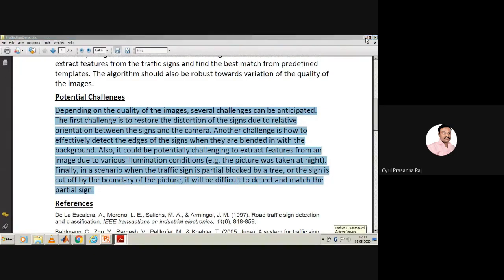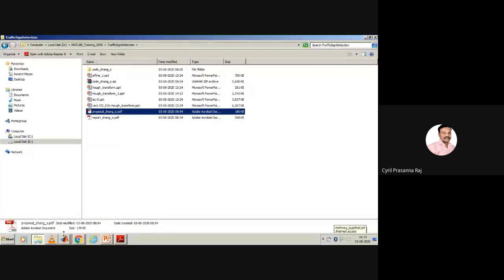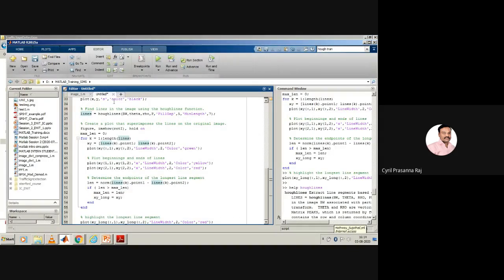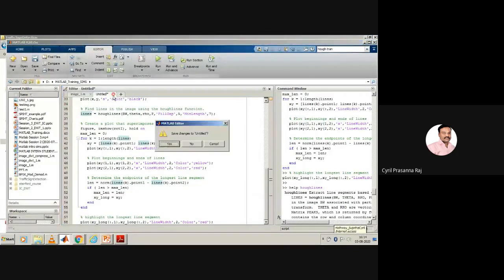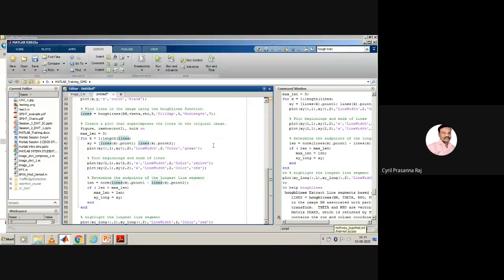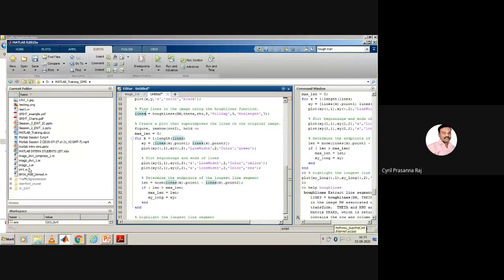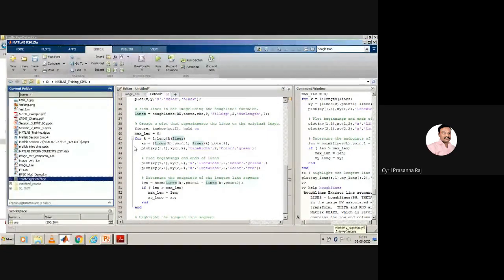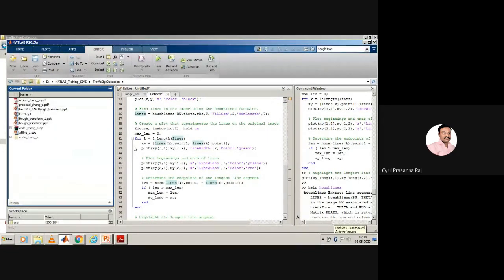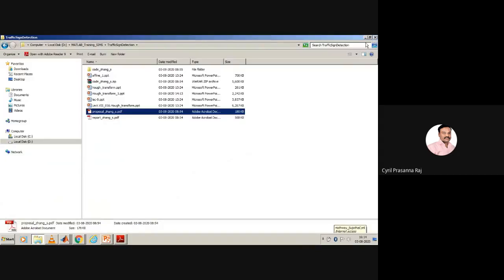So I will share the code with all of you. You can now see how that code works. So I will share all these images with you.